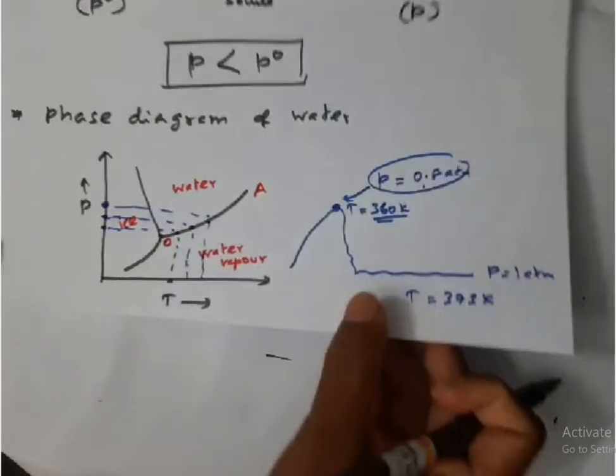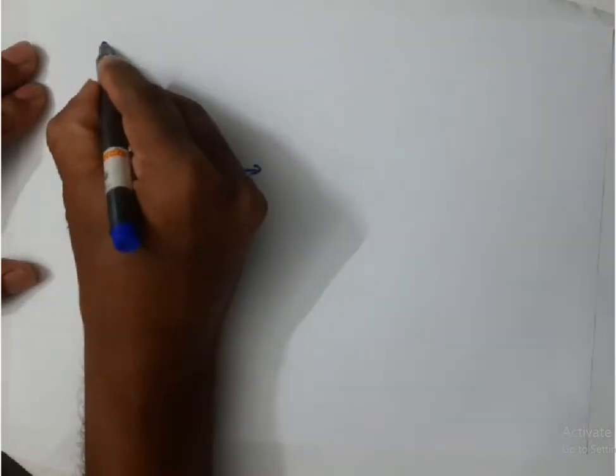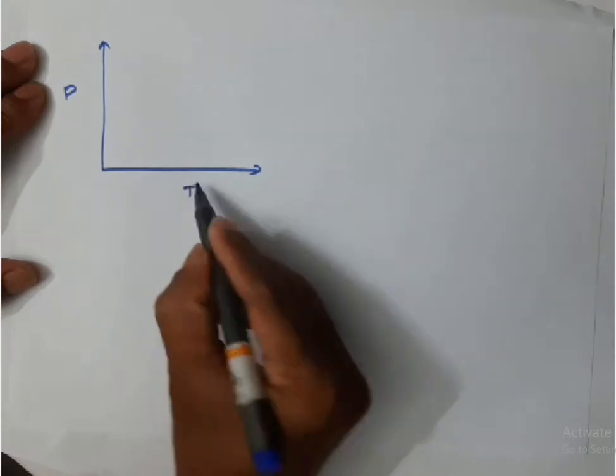Now, what I am going to do, I will take pure water, then I'll add a non-volatile solute, and we see what changes happen. So in the same phase diagram, I'll take the same phase diagram. Here we have pressure, here we have temperature.